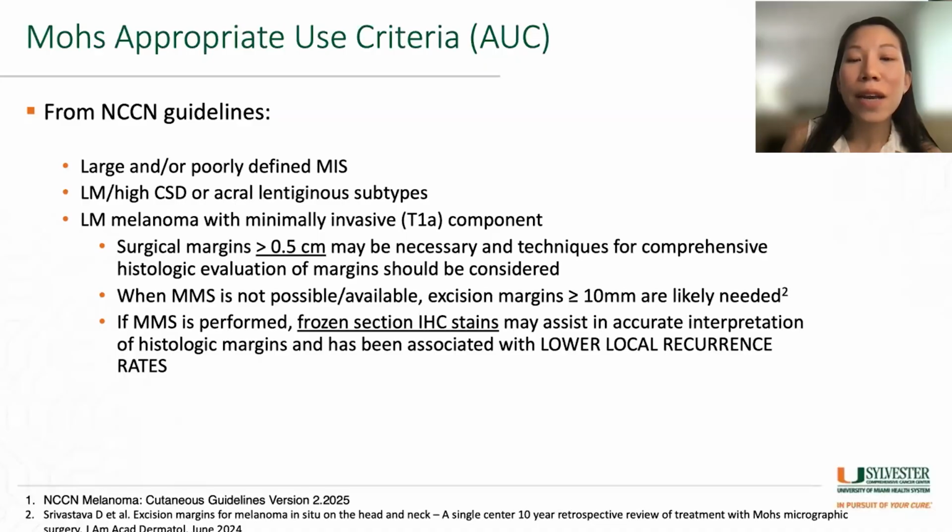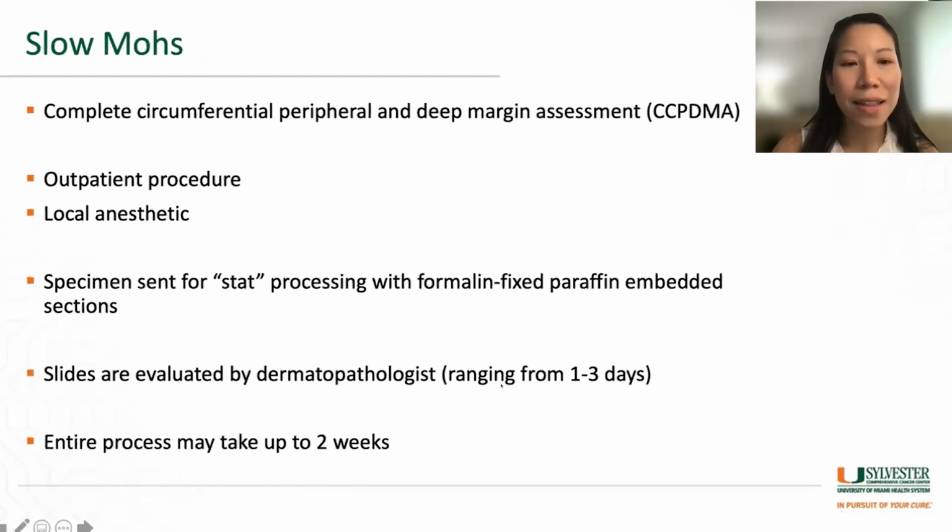When Mohs is not available, we know that in these locations, excision with margins of even greater than a centimeter may be needed. But they strongly advocate that if Mohs is performed, frozen section immunohistochemistry stains be incorporated to assist in accurate interpretation. I'll expand on that in the next slide.